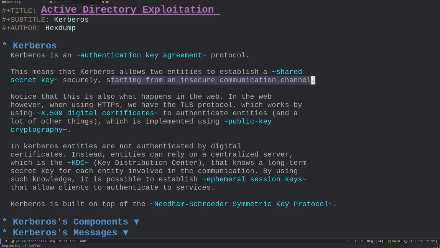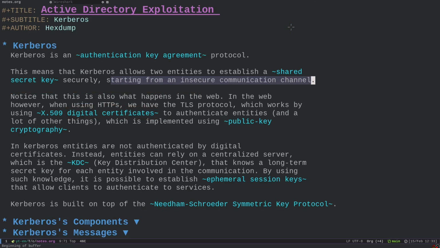So the idea is that TLS uses a different cryptographic scheme, which is public key cryptography. Kerberos is symmetric key cryptography, while TLS uses both symmetric key and also public key. The big difference is that in the TLS world, in the web world, the only authorities we trust are the so-called certificate authorities to authenticate the digital certificates, which means that to authenticate the server, you use this concept of digital certificate, which is handled by certificate authorities, called CAs.